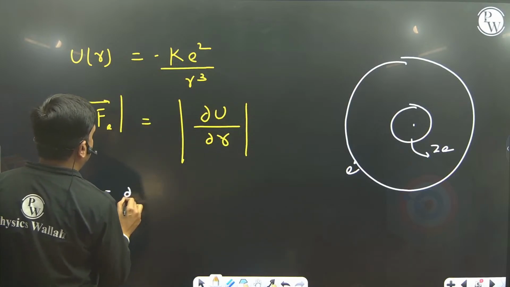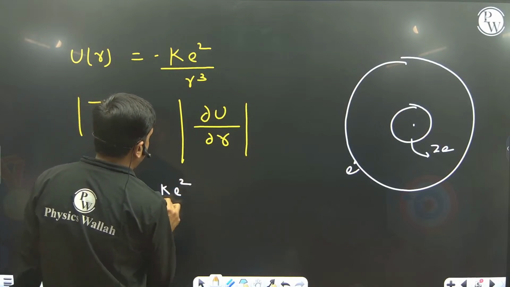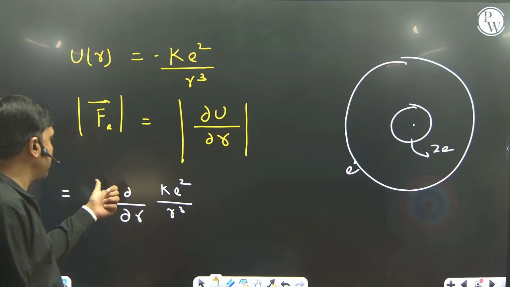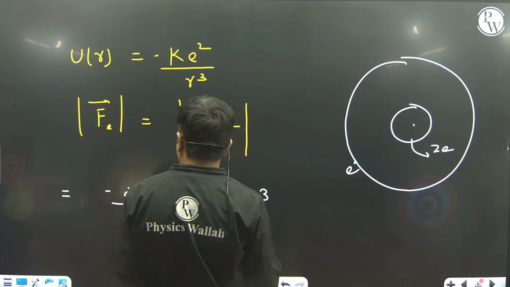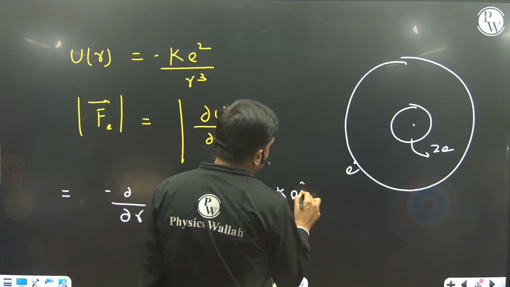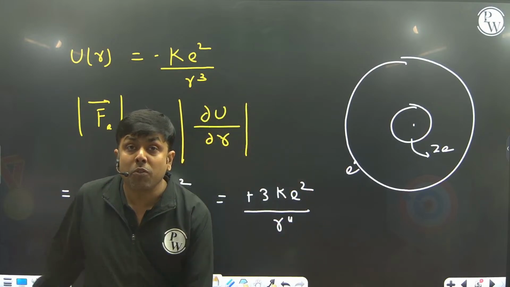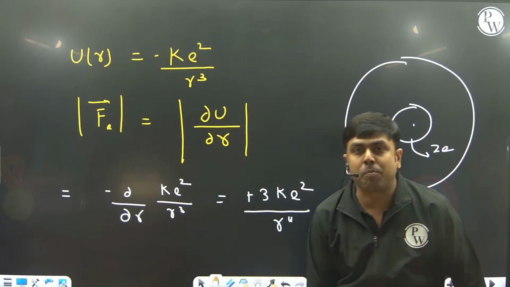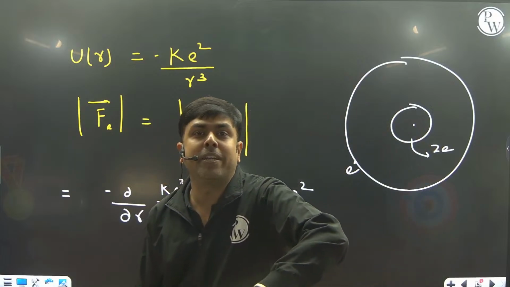Minus of d by ∂r of e square upon r cube. So this r to the power minus 3, this minus 3 will come this side. So this is minus 3, and minus of minus I can directly write as plus, 3Ke square upon r to the power 4. Now this is my electrostatic force of attraction, and this electrostatic force of attraction will provide the necessary centripetal force.